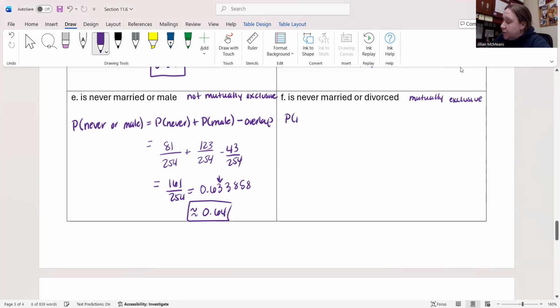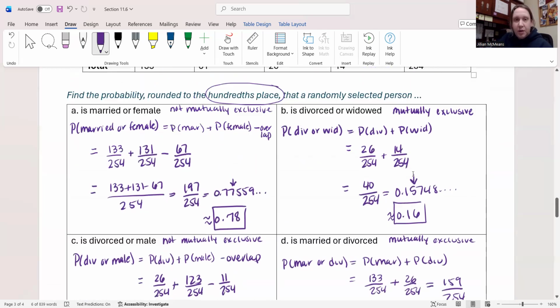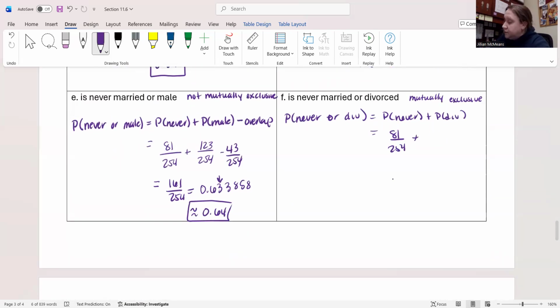Okay, so we want the probability of never married or divorced, which is the probability that you never married, plus the probability you're divorced. There's no overlap here. So never married was 81 million out of 254. Divorced, I want to say is 26, but I could be wrong. 26 million are divorced.